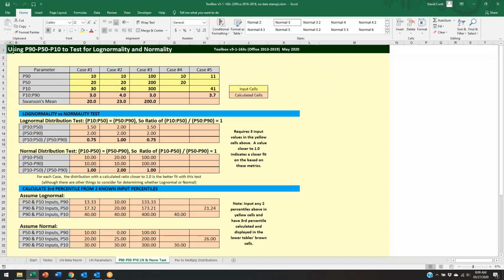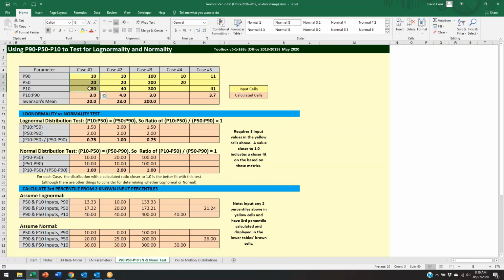The next new worksheet is this P90, 50, P10 inputs to test whether the inputs are log normal or normal. This allows you, for the 5 different cases in this worksheet, to capture numeric inputs in the yellow cells so that you can test, if I had a distribution of 10, 20, 30, is that more of a normal distribution or a log normal distribution?